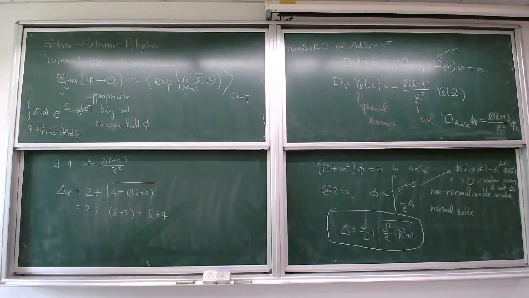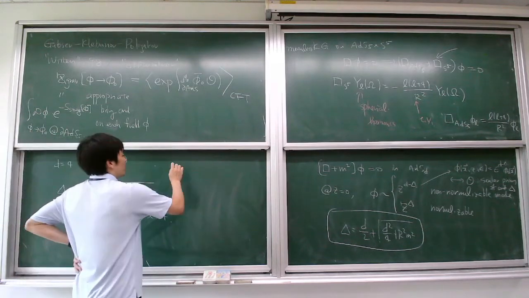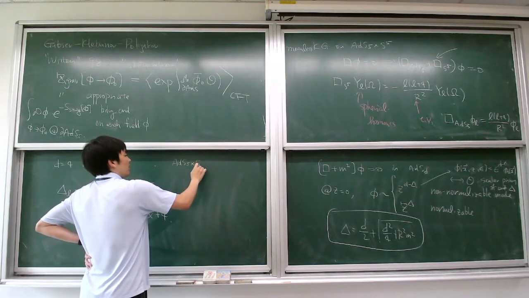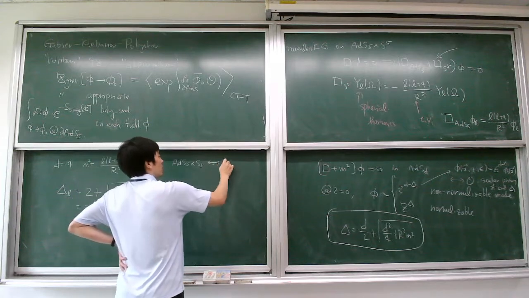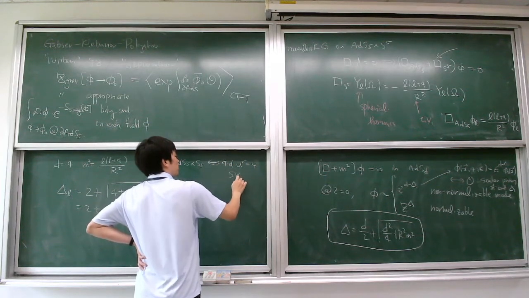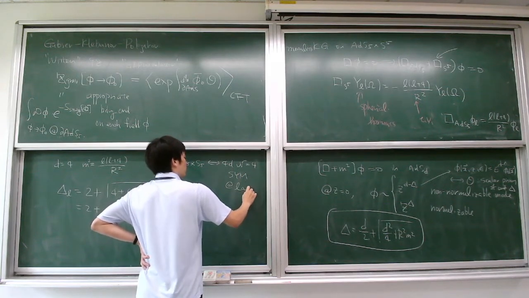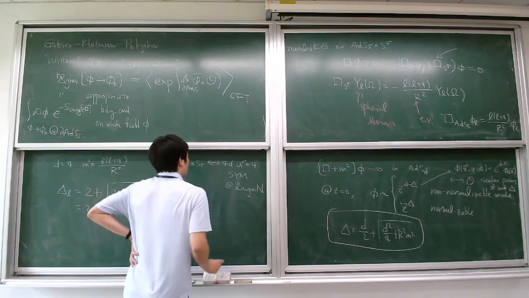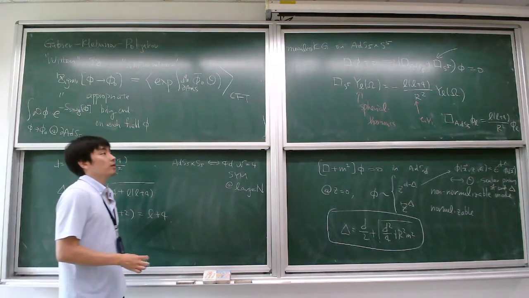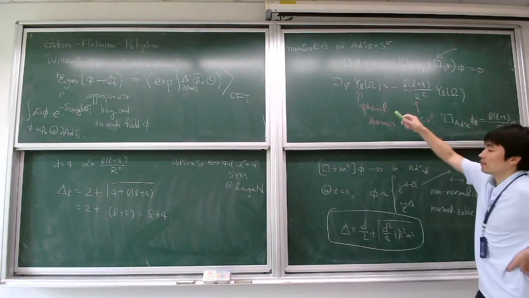Okay, so let's analyze. So we are now looking at the AdS5 cross S5, whose dual is N equal to 4 super Yang-Mills at large N. Okay, large N. Now if you look at L equals 0, L equals 0 is the S wave in S5.